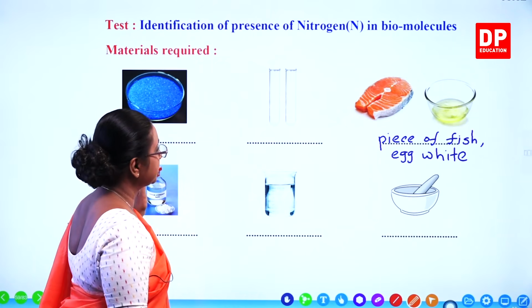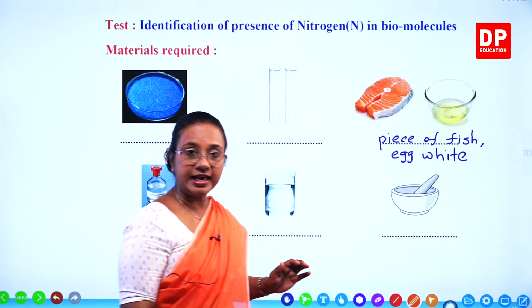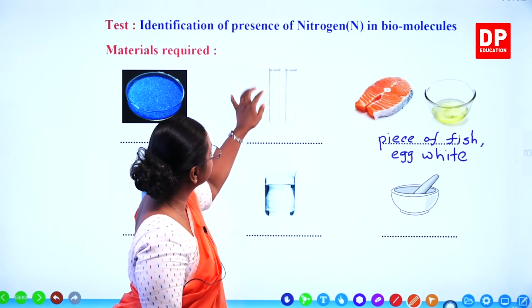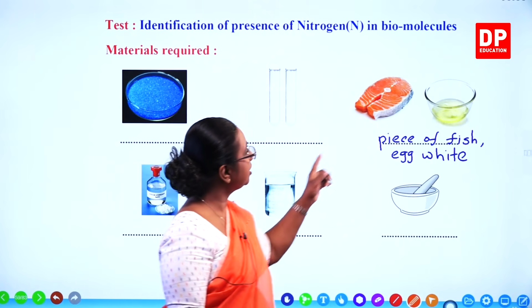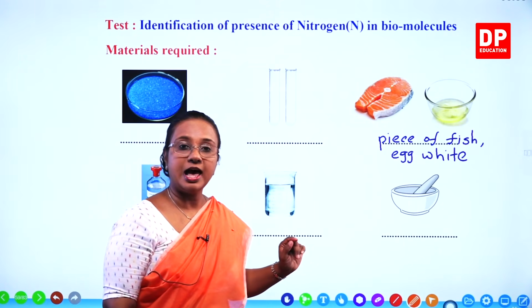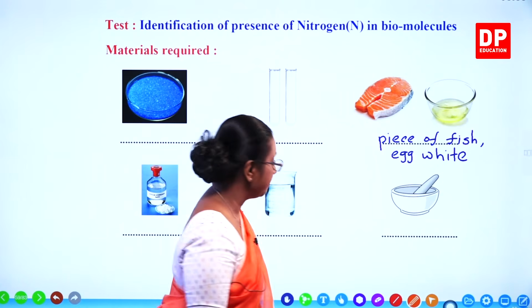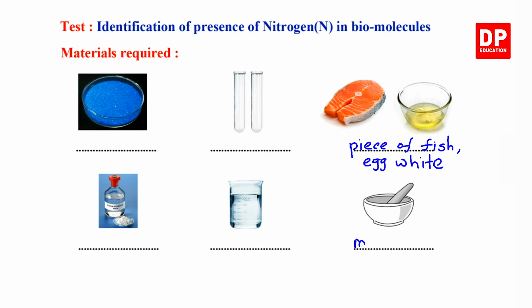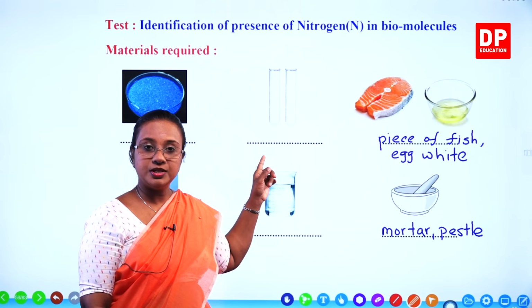Then the activity is done by taking, if we are using egg white, we directly take the egg white into a test tube. But if we use fish, then we will have to grind the fish using the mortar and pestle. So for that, we will need mortar and pestle. Egg white can be directly taken into the test tube.